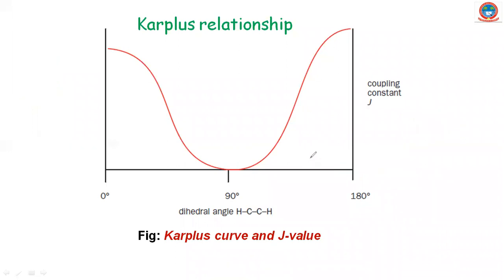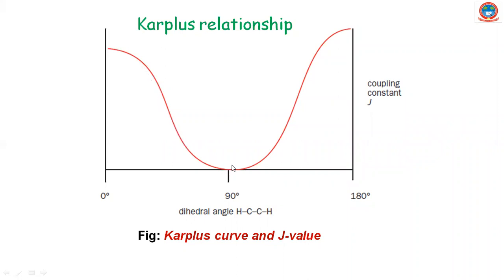There will be no sensing of coupling from each other, and hence they will not split. So to summarize this idea, very simple: when the angle is zero, there is very good, effective coupling and splitting, and you will find large J values. As the angle increases, the J value decreases up to 90.